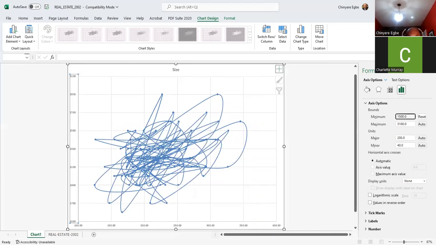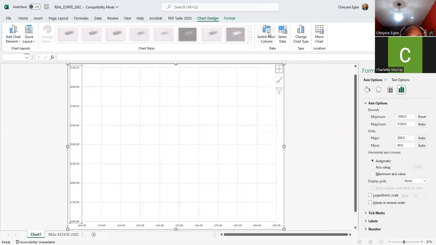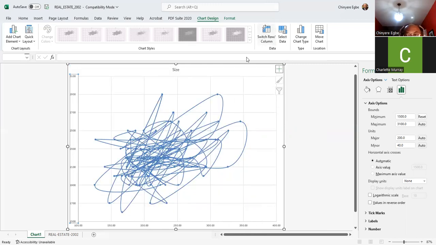All right, is it clearer now? Yes. It's clearer, looking like it's going upwards. So we're looking at a positive relationship between price and size.